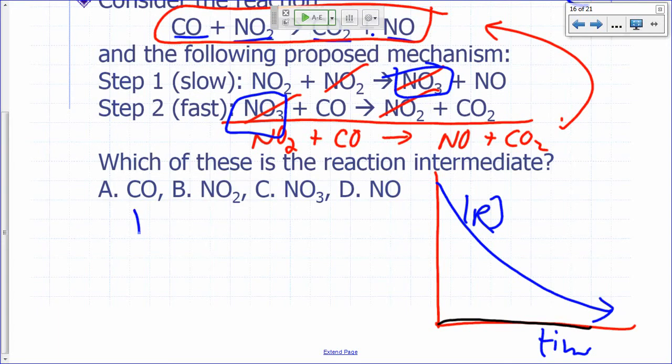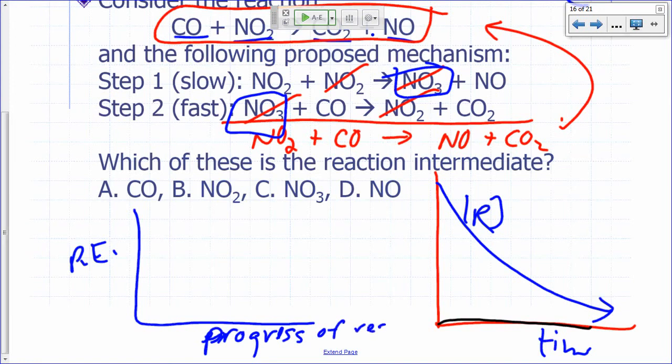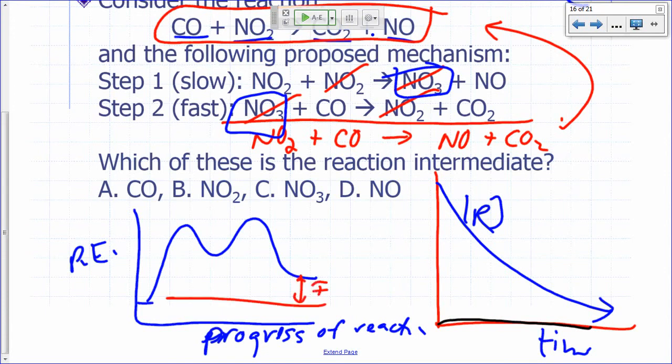What would be the potential energy profile for this versus extent of reaction, progress of reaction? What would it look like? It's going to have 2 humps, right? And if this happens to be positive, then that would be an endothermic reaction, right?